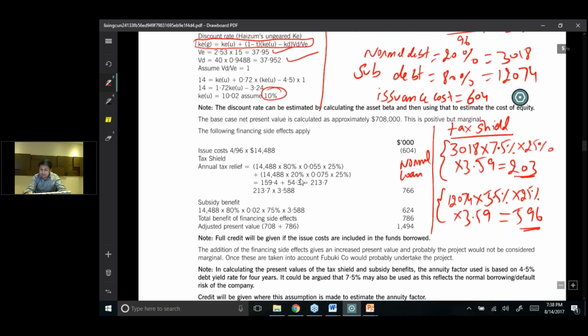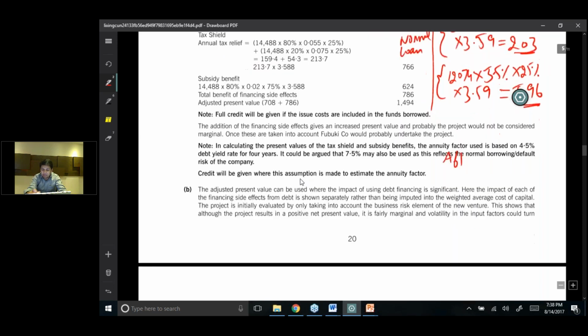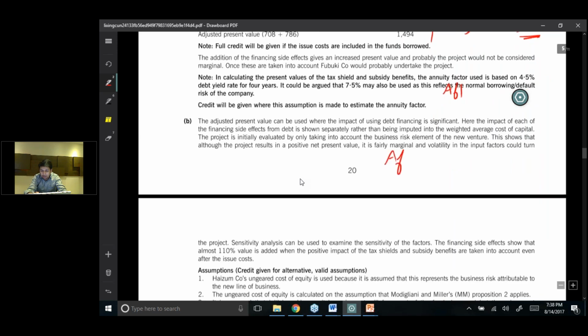And what about the after tax interest saving? I'm solving it here.